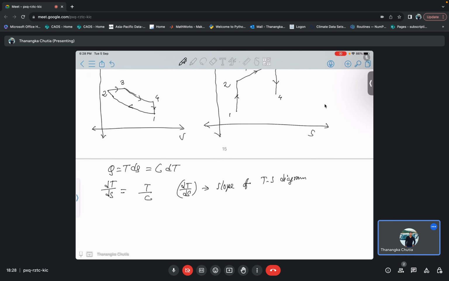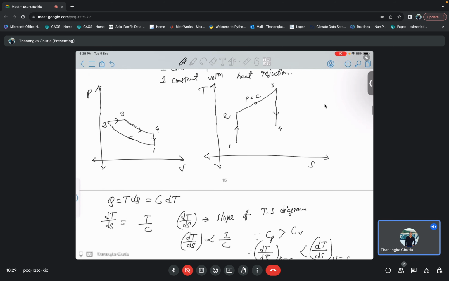Now this dt by ds is inversely proportional to C. Now since Cp is greater than Cv, therefore dt by ds for P equals to constant must be less than dt by ds for V equals to constant. Okay, Cp is greater than Cv, it's inversely proportional, so the slope of the constant pressure process is less than the slope of the constant volume process.